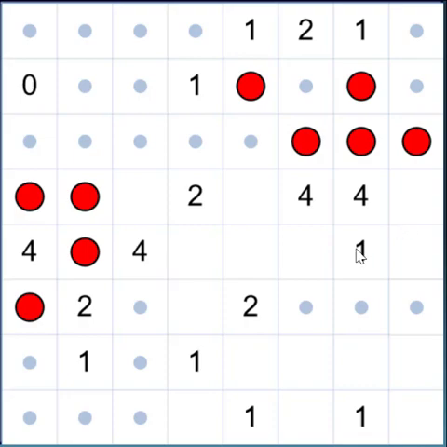Now it gets a little bit more tricky. Let's have a look at this number 4 here. It's got 2 mines already, and 1, 2, 3 possibles for the other 2.